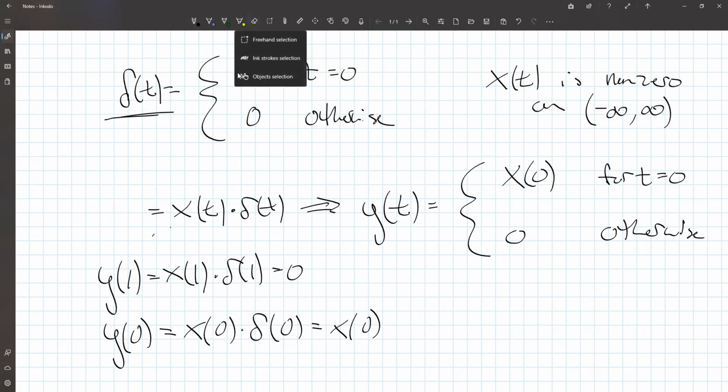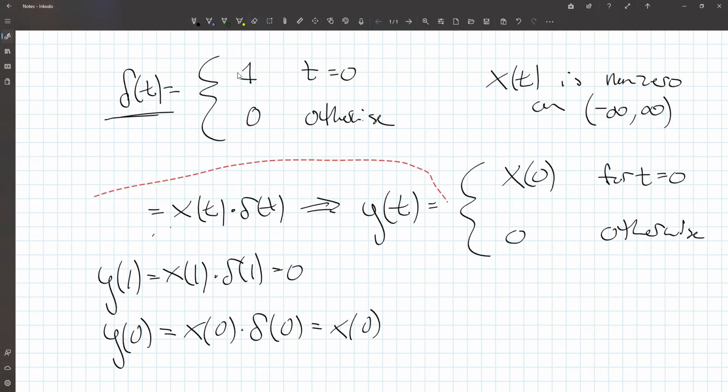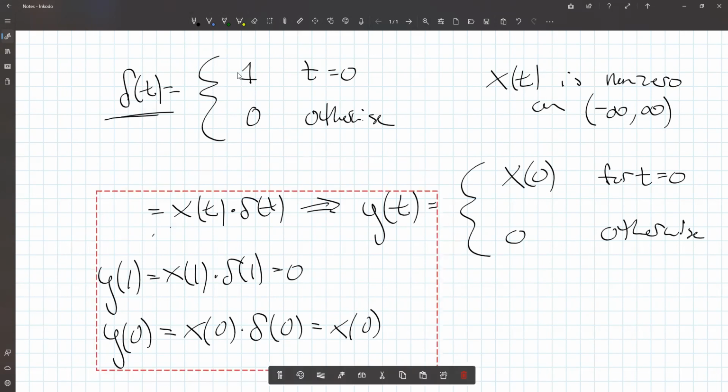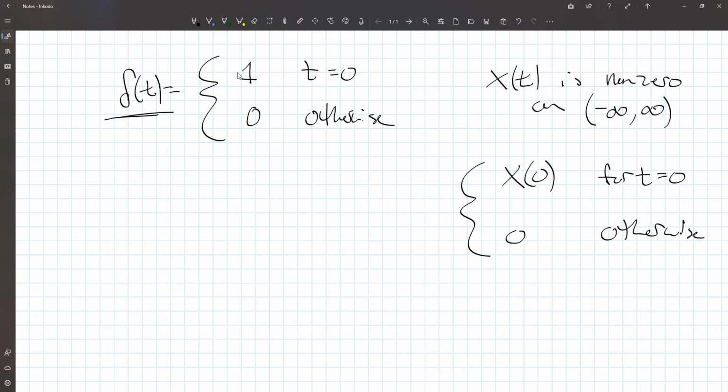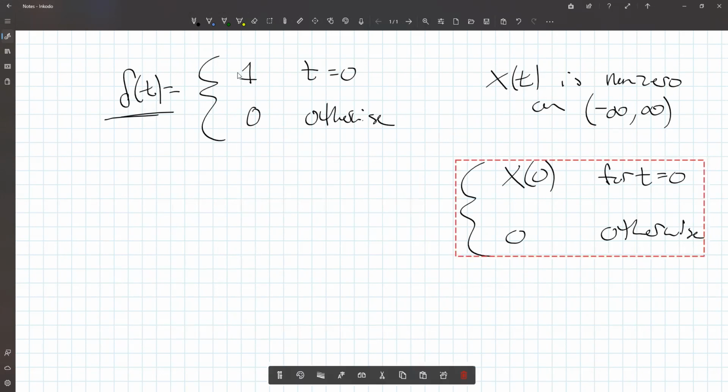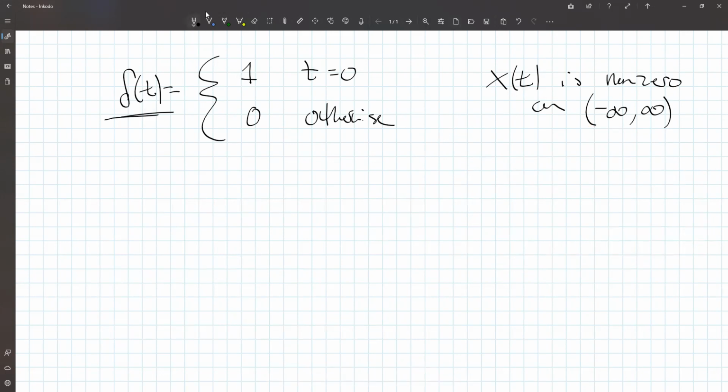And it has the same property as far as the time shift. We can actually write that out just for the sake of it. So delta of t minus t naught, and that's equal to 1 when t is equal to t naught and 0 otherwise.